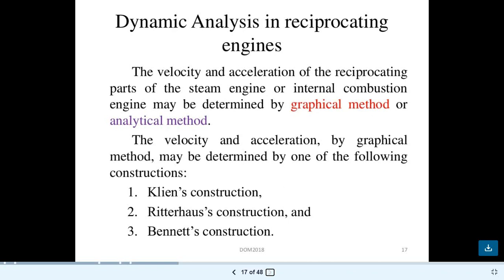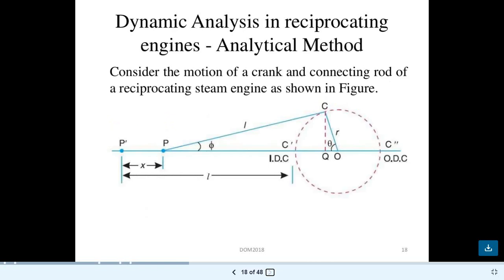The graphical methods are classified into three categories: Klein's construction, Ritterhaus construction, and Bennett construction. So three types of graphical construction methods are there. Actually, we also have the analytical method. First, we are going to discuss the analytical method of reciprocating part dynamic analysis.